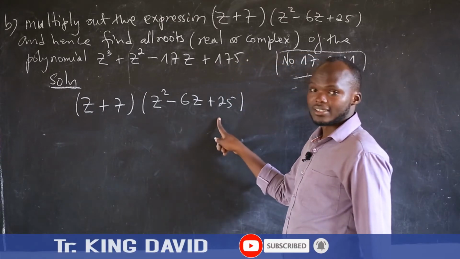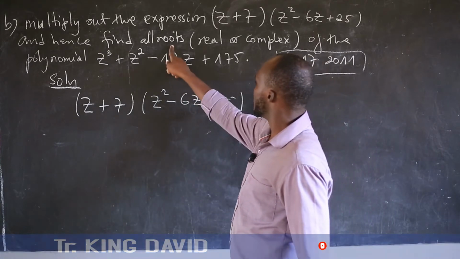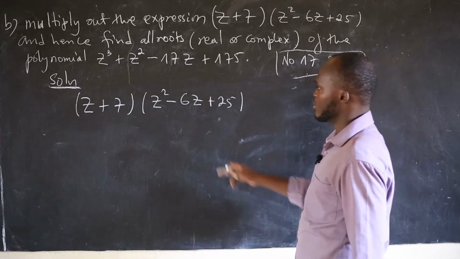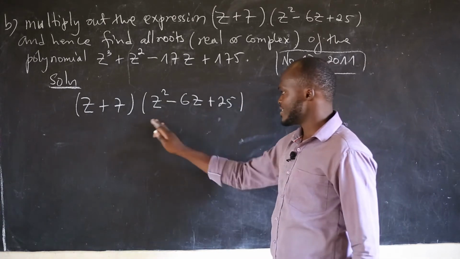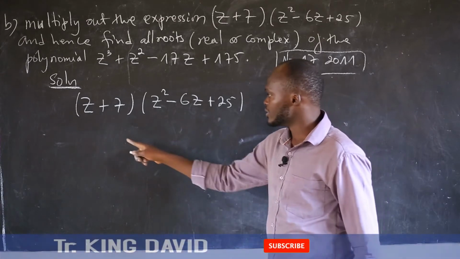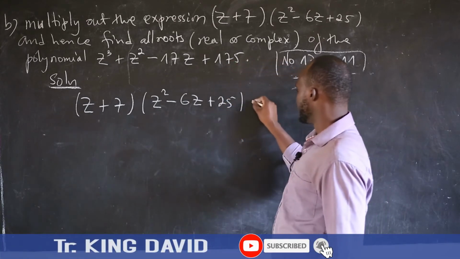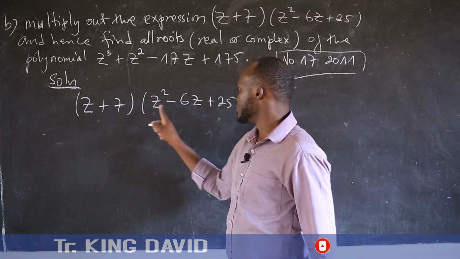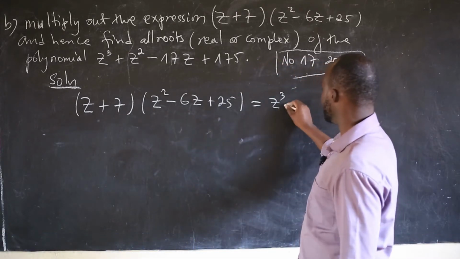Then after expanding, hence find all roots, real or complex, of the polynomial. So let's first expand this one. We'll see what it's going to give us. Okay, z times z squared, this is z to the power 3. z times negative 6z, that's negative 6z squared.